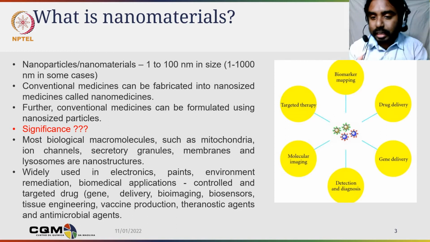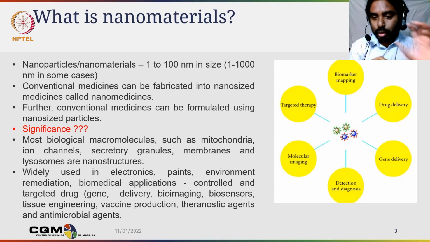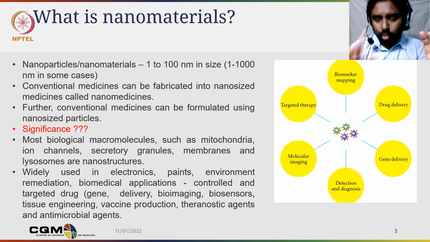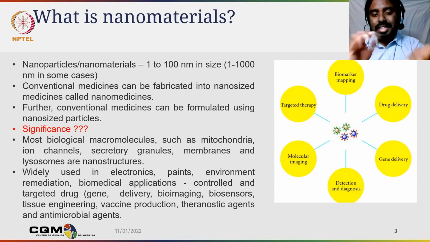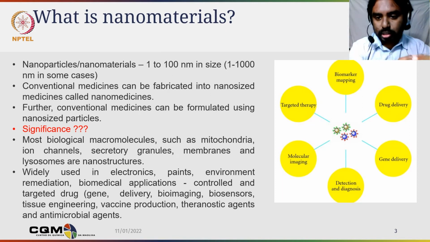The second case is you take those conventional medicines like paracetamol and you formulate them inside a nanoparticle, 1 to 100 nanometers or 1 to 500, 600 or 1000, below micro, whose property is differing. When you formulate your conventional medicine with a nanoparticle, that is also called nanomedicine. So these are the two definitions of nanomedicine.